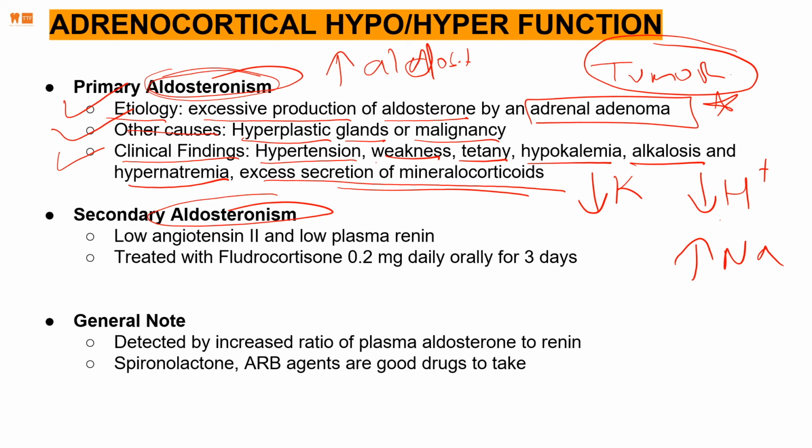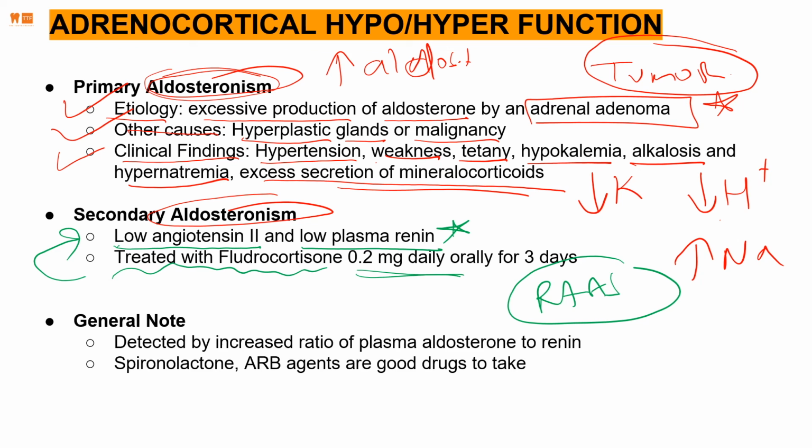While secondary aldosteronism basically results in low angiotensin 2 and low plasma renin. Therefore, it's treated with fludrocortisone 0.2 milligram daily to get this cycle, the RAS cycle that is disturbed, back on track, in an oral dosage for 3 days of fludrocortisone.